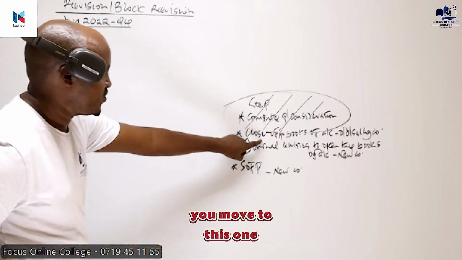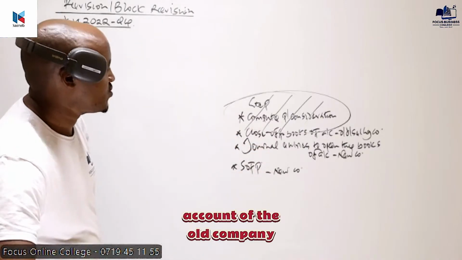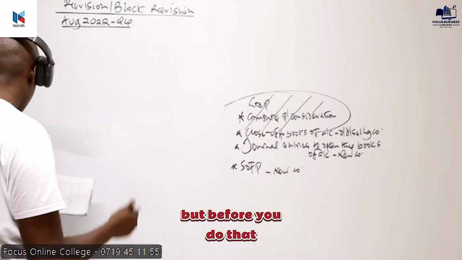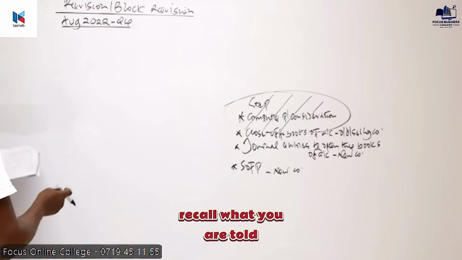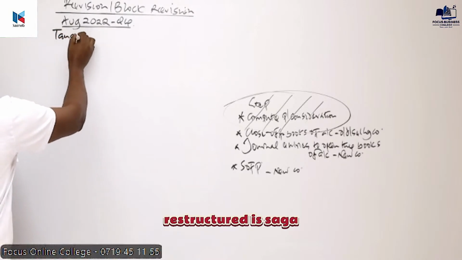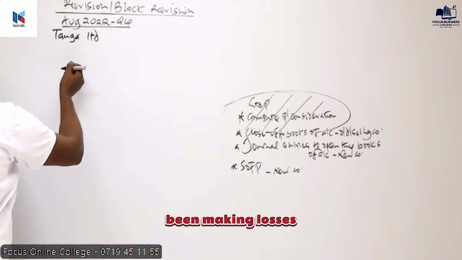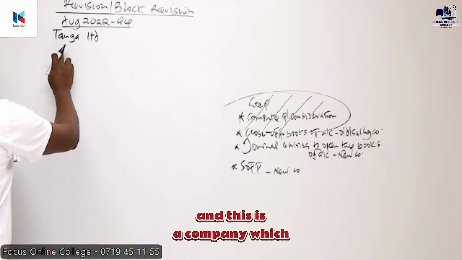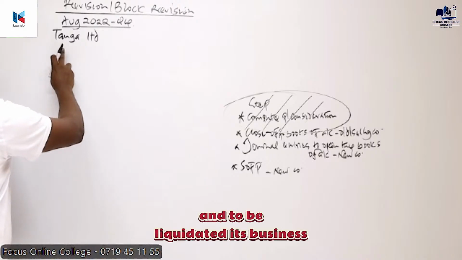So you move to close off the books of account of the old company. But before you do that, it is important to recall what you're told in paragraph 1. The company which is to be restructured is Tanga. This is a company which has been making losses, and it is to be liquidated.